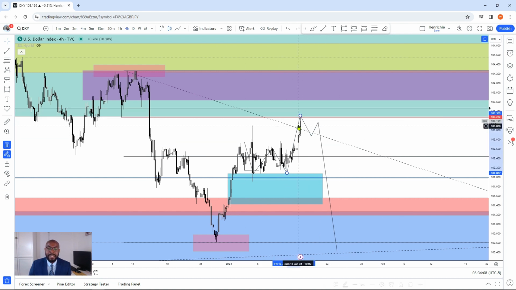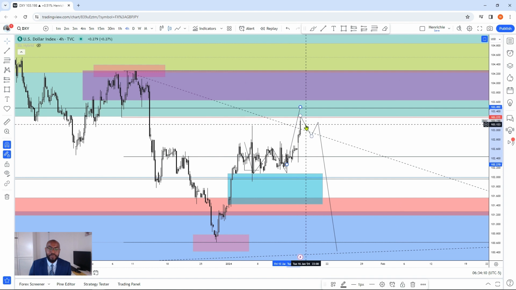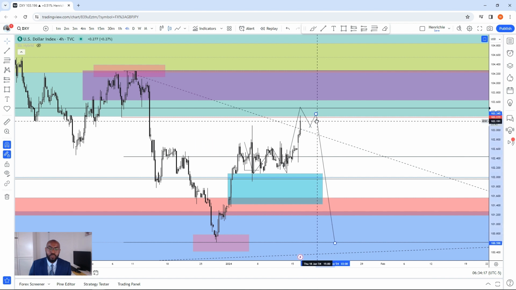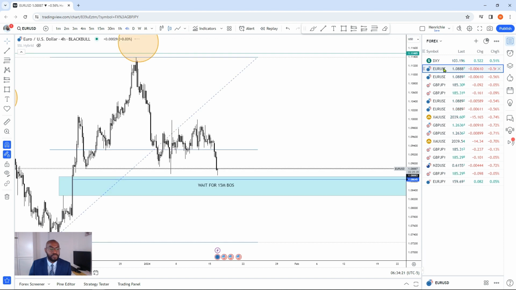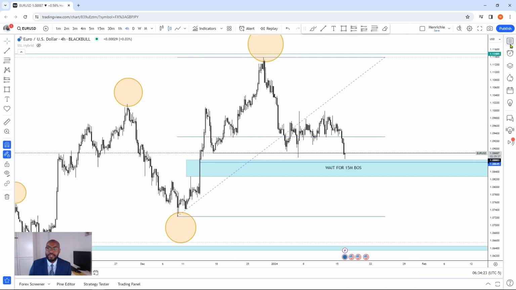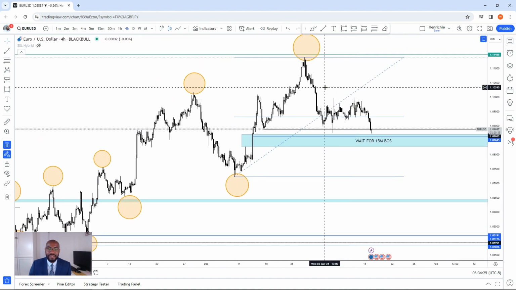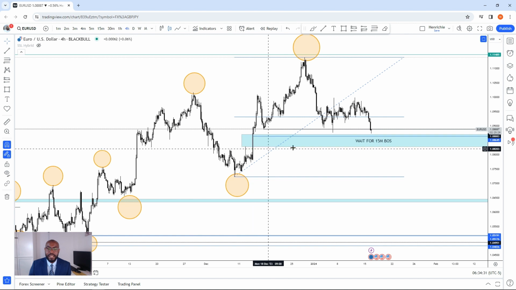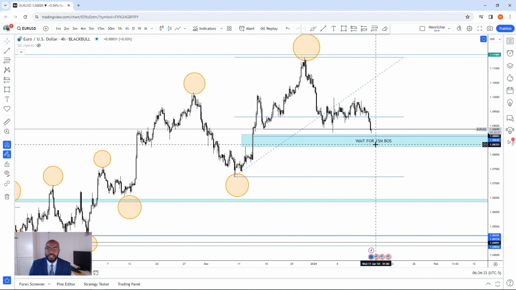So that being said, we're going to look at the foreign currencies right now, like the Euro US dollar, to see what they're doing so far and what we can capitalize on in the marketplace. If we look at the Euro US dollar, since last week or thereabouts, I've been talking about this key level, this inefficiency, and I wanted to see this inefficiency get filled.